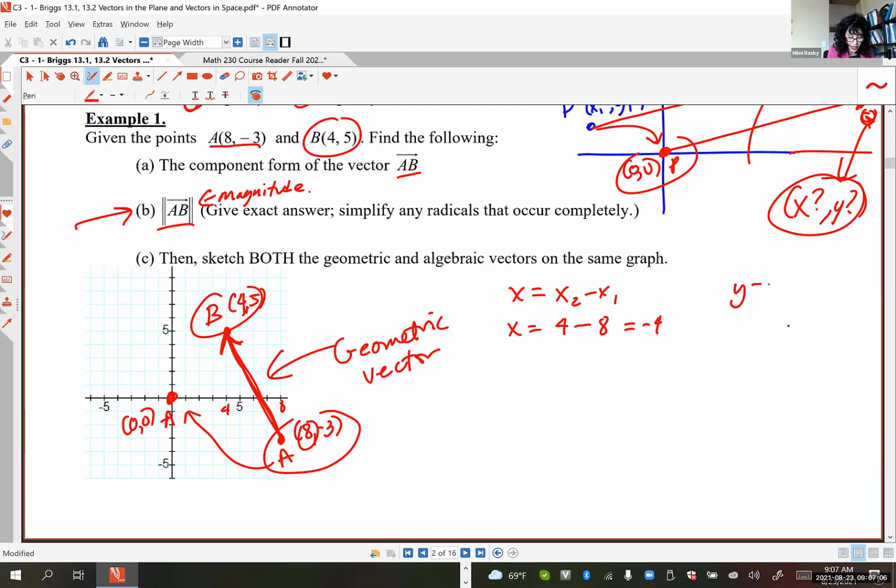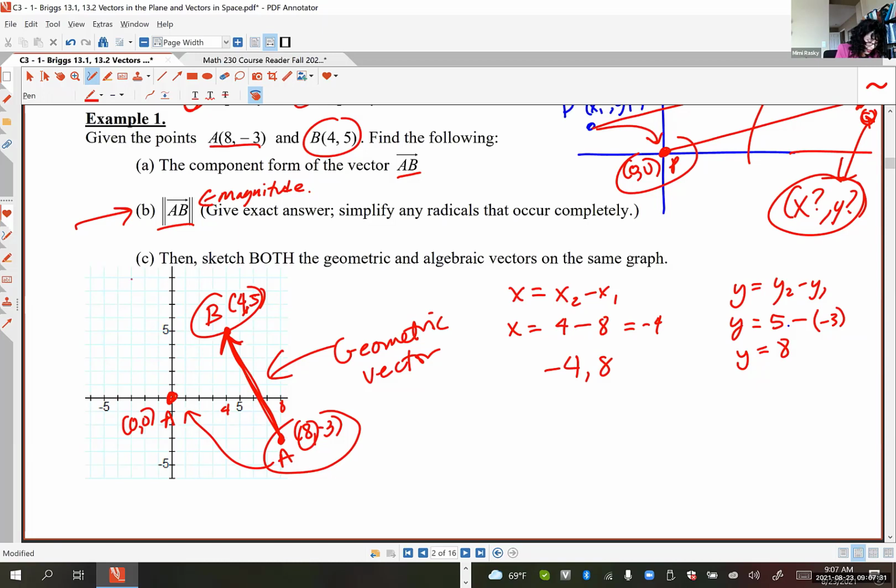And then the Y coordinate will be found by taking B's Y coordinate, which is a 5, and subtracting A's Y coordinate, which was a -3. But 5 minus a -3 is 8. So the new coordinates for B, when you move him, are going to be -4, 8.